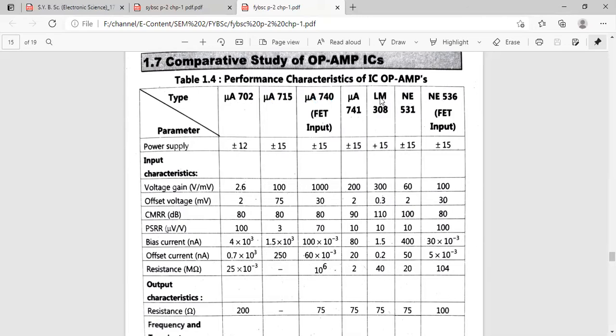Microampere 741, LM308, NE531, NE536, again FET input. All these are different types of operational amplifier ICs, and we see how they perform, or how they differ from each other with respect to the ideal characteristics.